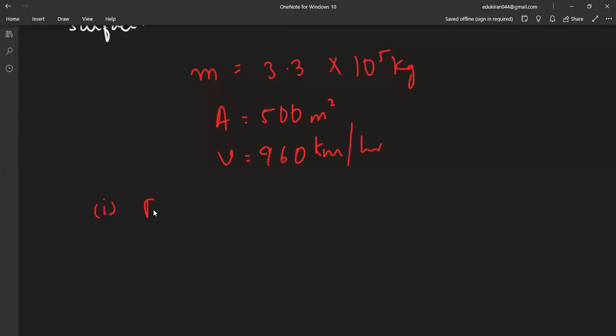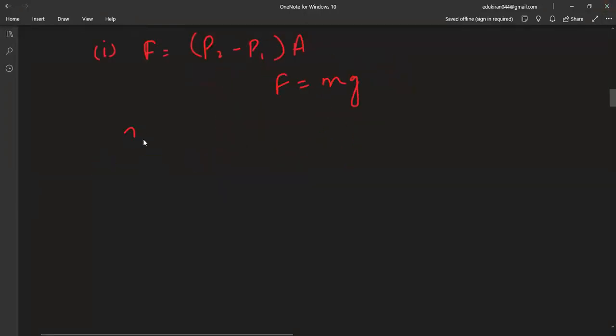So for the first part, force is equal to P2 minus P1 into area. So F is equal to mg. Now see, mg is equal to P2 minus P1 into area.